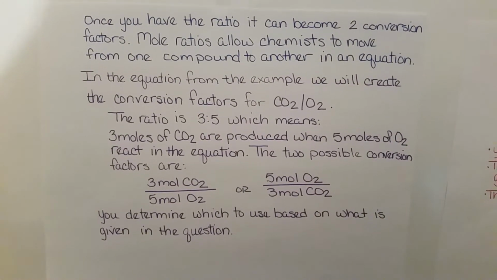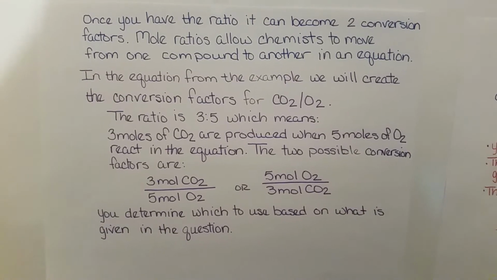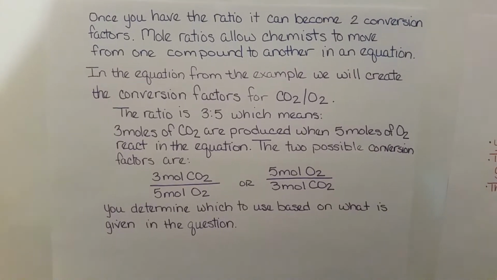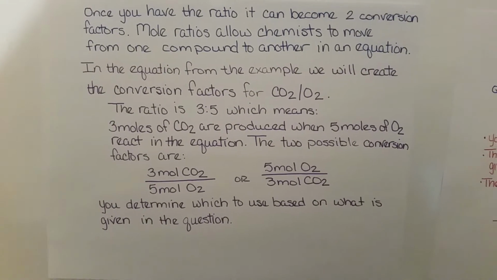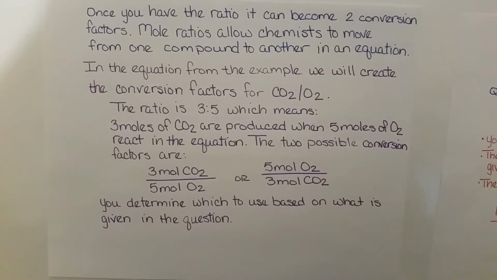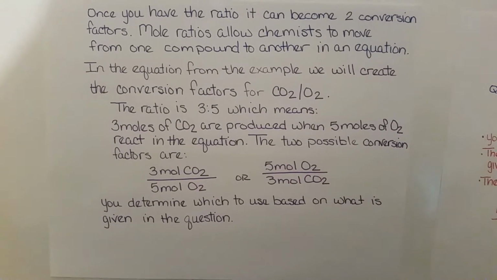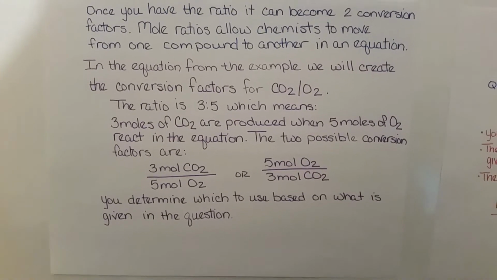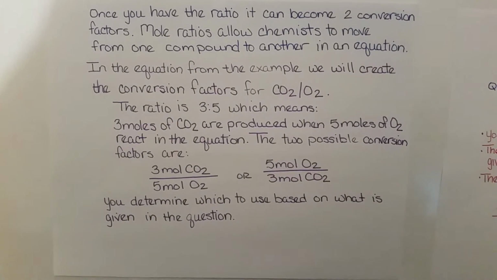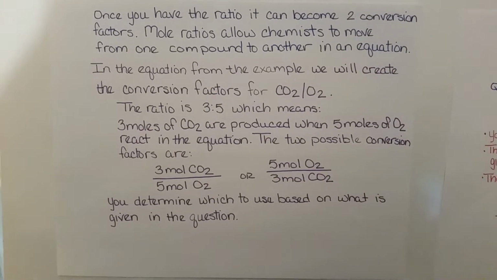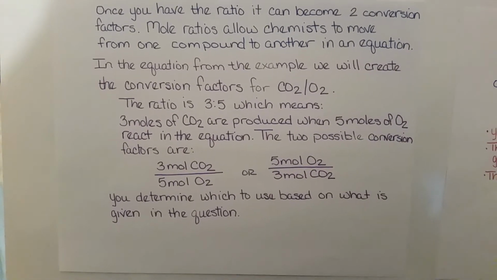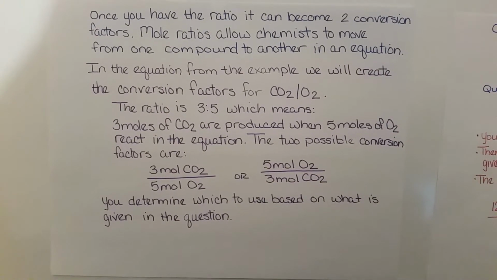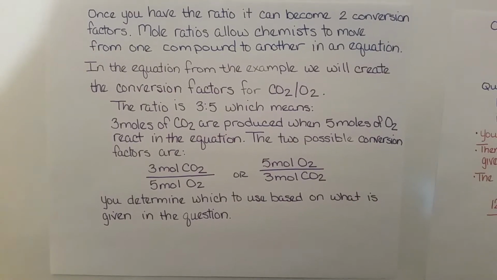Okay, so once you have a ratio, it can become two conversion factors. Mole ratios allow chemists to move around from one compound to another in an equation. So in the equation from the example just back there, we're going to create the conversion factors for CO2 to O2. Remember, the ratio was 3 moles of CO2 to 5 moles of O2, which means 3 moles of CO2 are produced when 5 moles of O2 react in the equation.